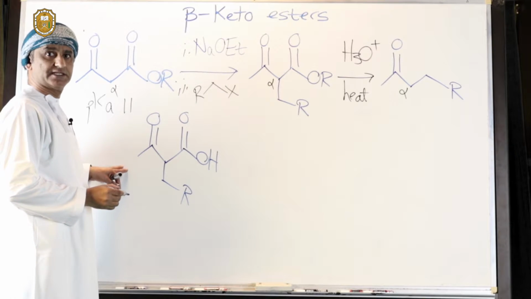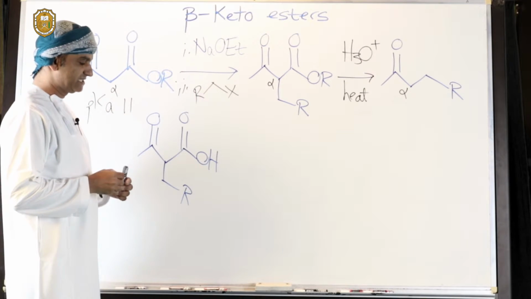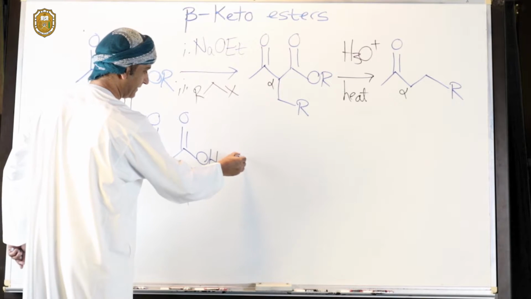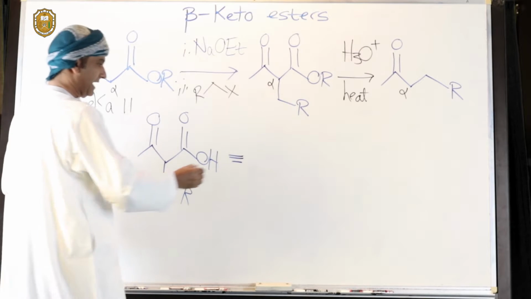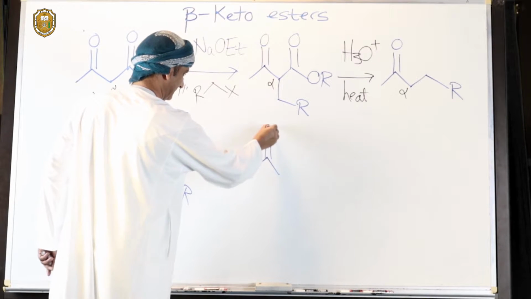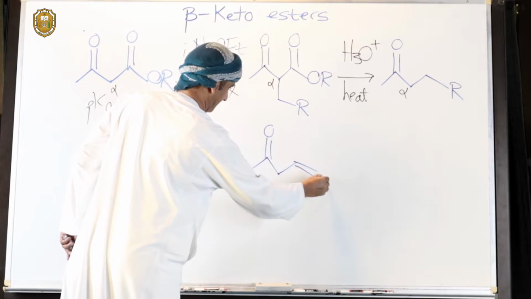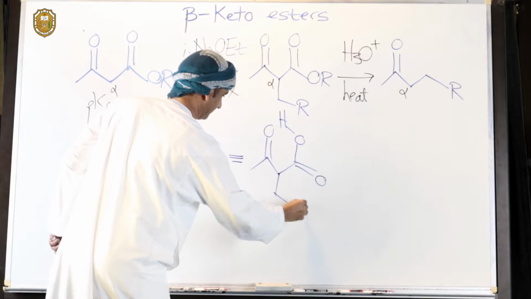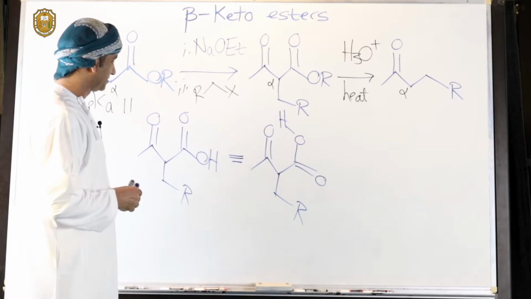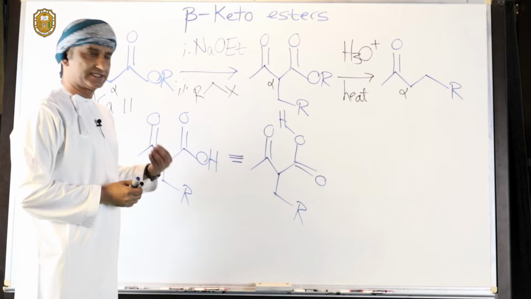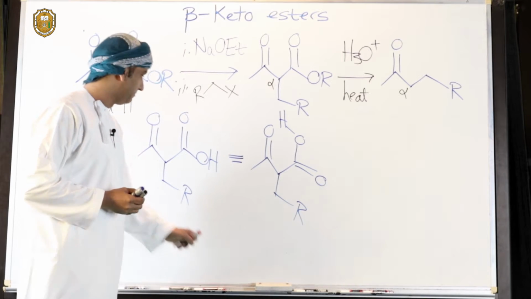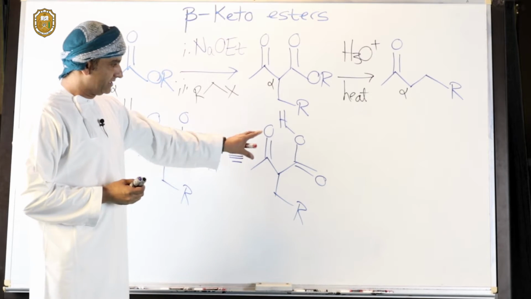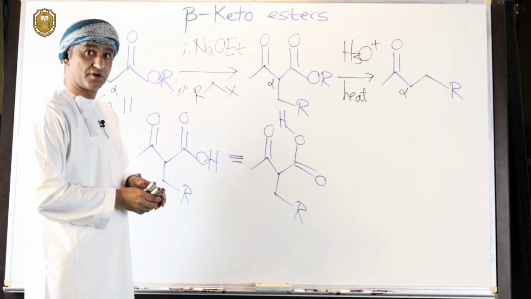This is the carboxylic acid that should be obtained after treatment of that ester with an acid in the presence of heat. We can redraw this carboxylic acid like this. Of course, we have not changed the structure, we have just drawn it slightly differently. Now, this carboxylic acid will then undergo decarboxylation.